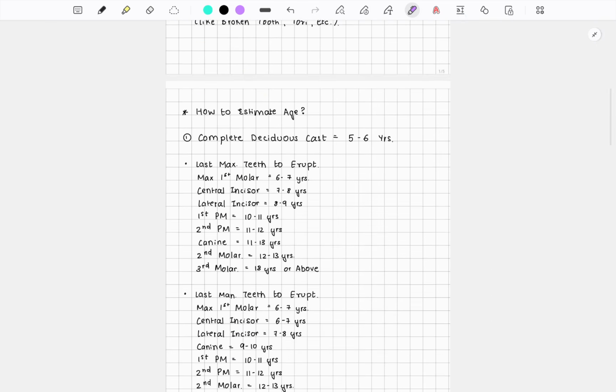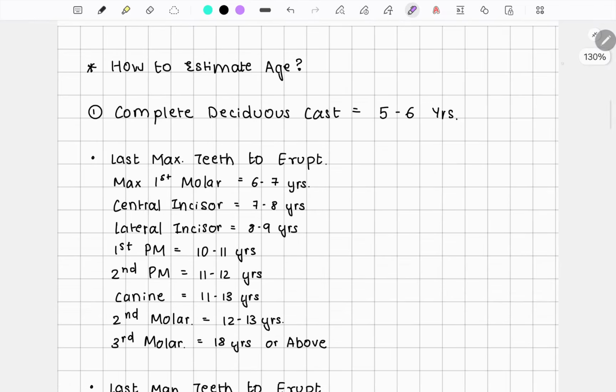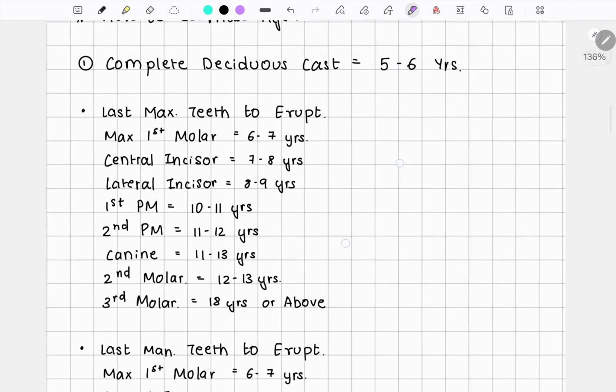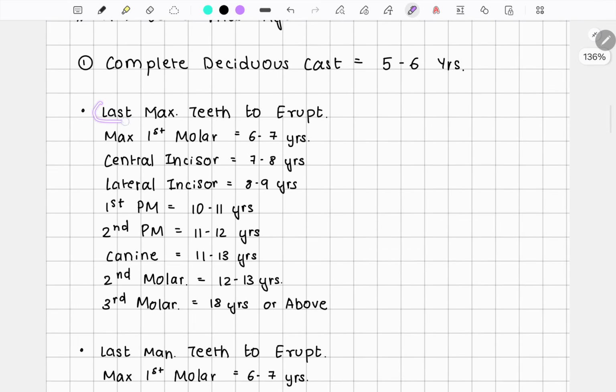Now let's see how to estimate the age. For estimation of age, if it is a completely deciduous cast, that is only deciduous or the primary teeth are present, you will write 5 to 6 years of age. Then on the basis of the last maxillary tooth to erupt, this will be your age estimation.